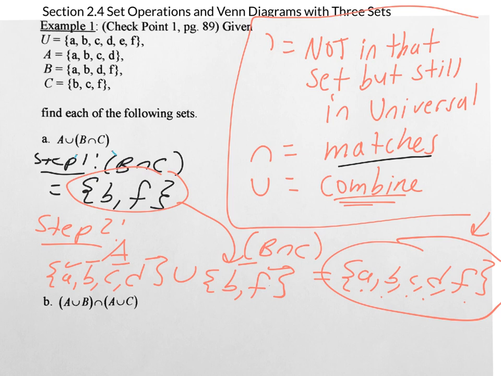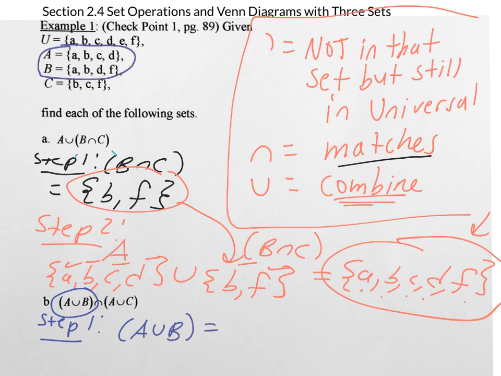So we always do inside parentheses first. You might be saying, but we have 2 sets of parentheses. So when that happens, we go from left to right. So we're going to do the parentheses on the far left to begin, which is A united with B.